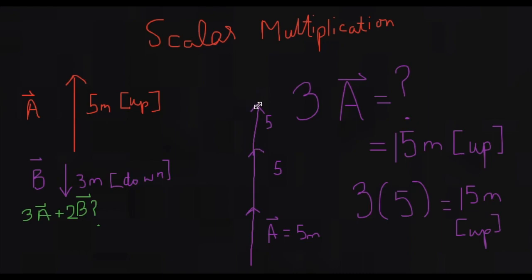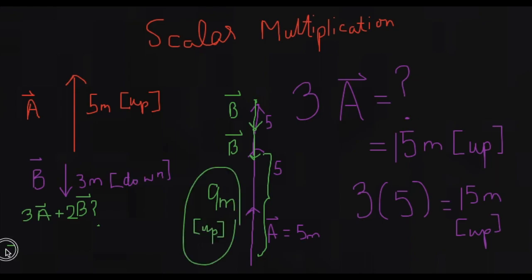So on top of this, I'm going to draw 2 times our B vector, which was only 3 meters. So there's one B, and there's another B. How much of the remaining A vector is left? We had 15 meters, and we subtracted 6 of them. So our answer is just 9 meters up.